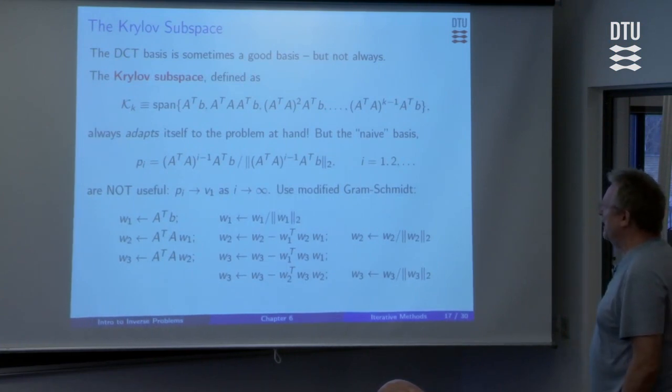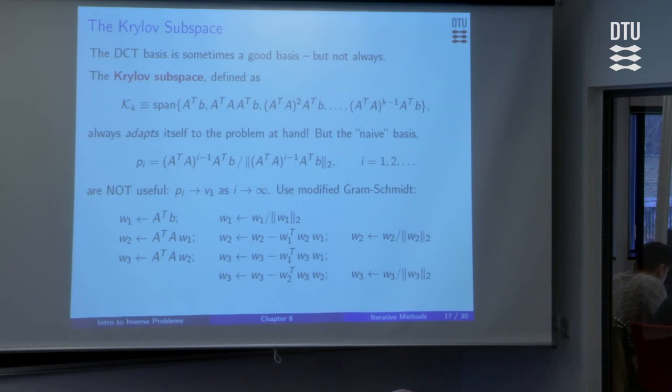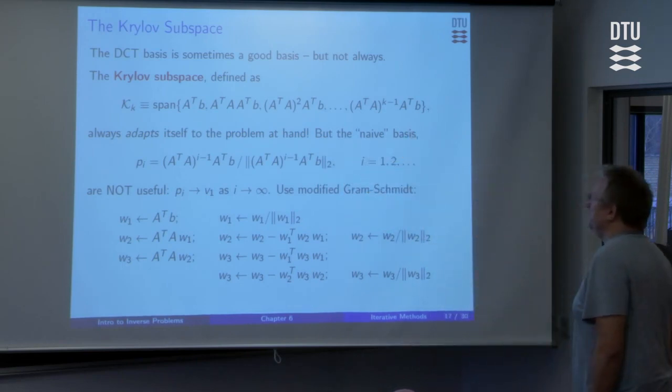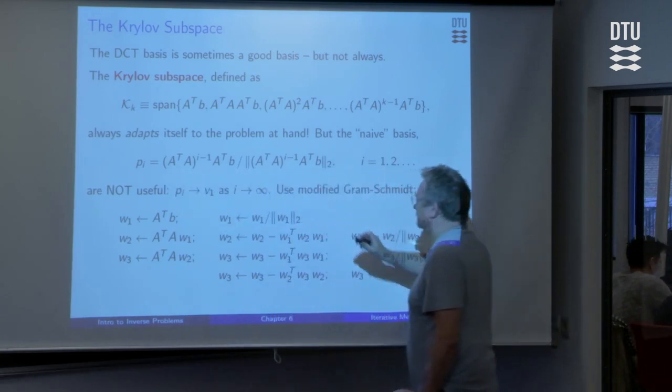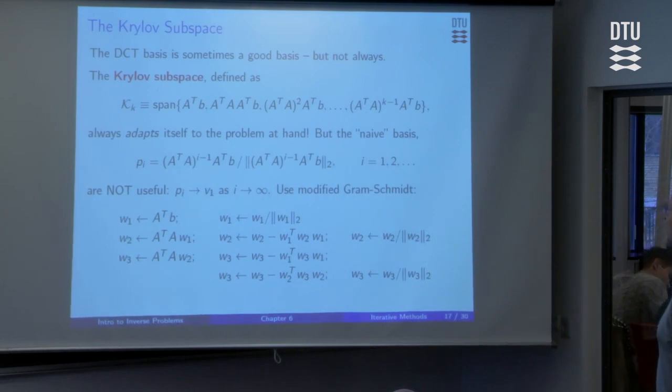I have to be a little careful when working with this subspace when you do numerical computations, because this is not the best way. These basis vectors here, written in this form, or you can normalize them, and then you have the p vectors here. It's kind of an ill-conditioned representation of the basis vectors.